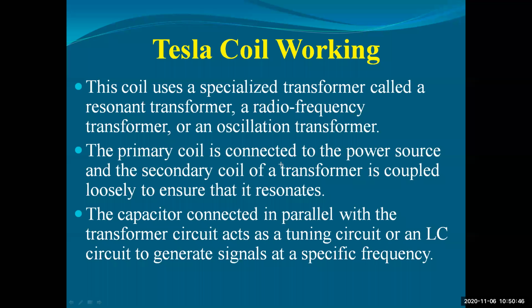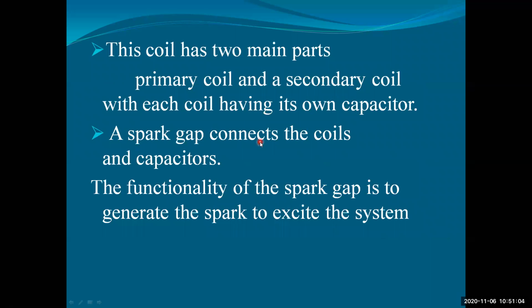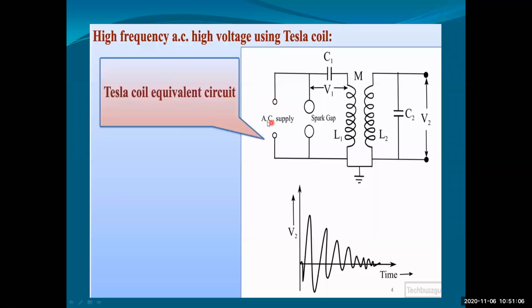The primary coil is connected to the power source, and the secondary coil of the transformer is coupled loosely to ensure that it resonates. The primary coil is connected to the power source through the capacitor C1 and one high voltage transformer. So we are using one transformer for the AC supply. The capacitor is initially charged by this transformer only.